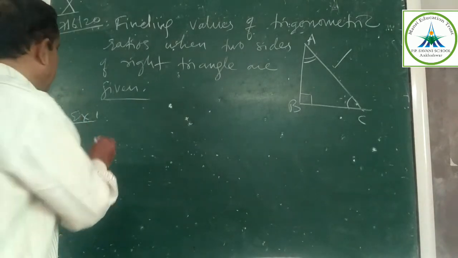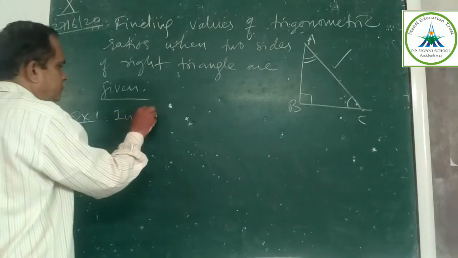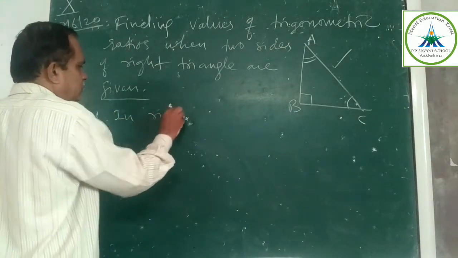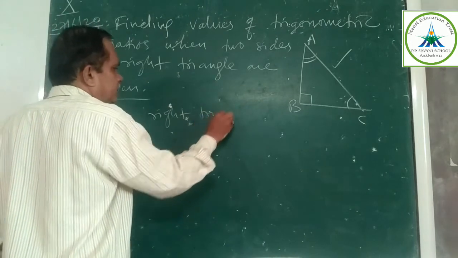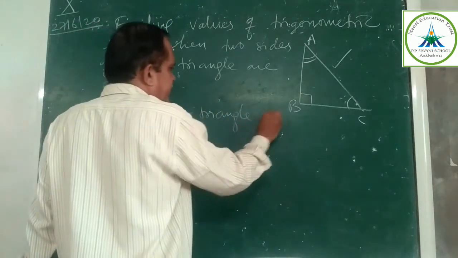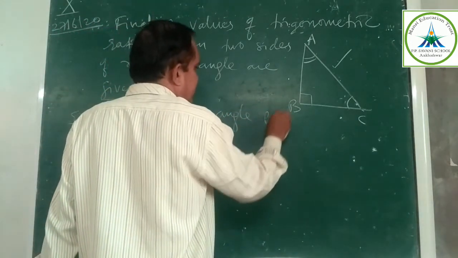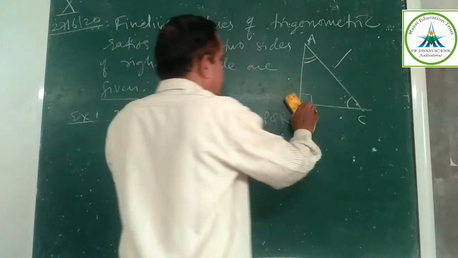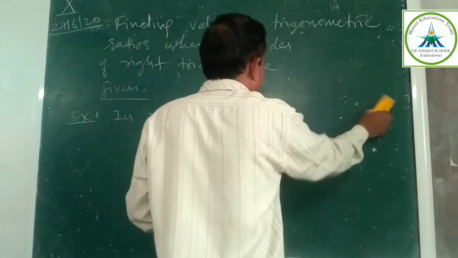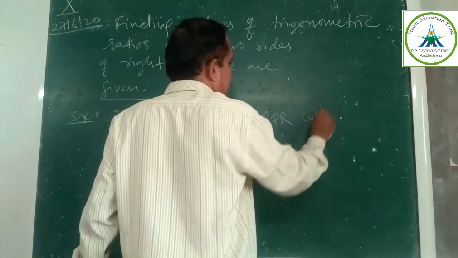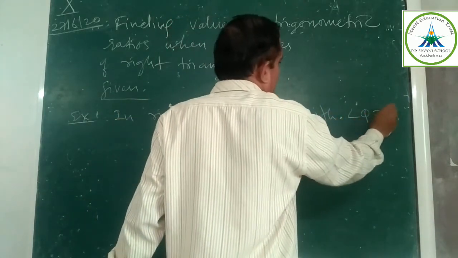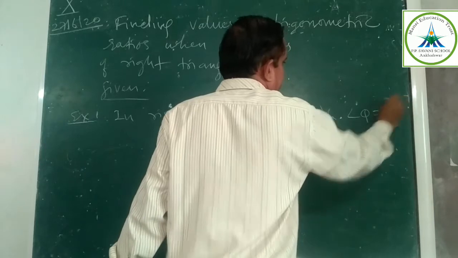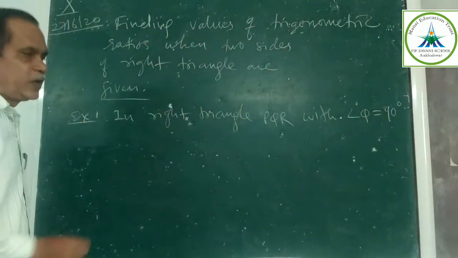In right triangle ABC or PQR, let us change the name, with angle Q equal to 90 degrees.